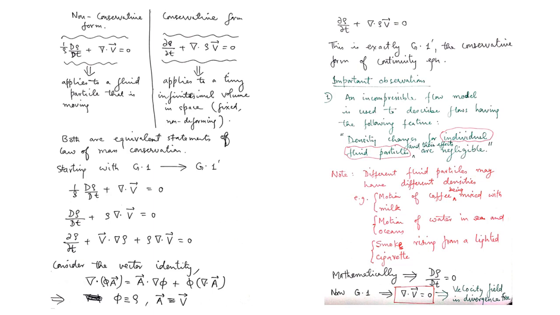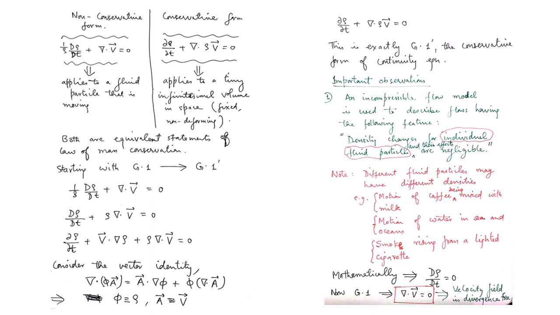So the first two terms are due to the material derivative, and of course the rho divergence v is retained from the previous steps. And finally I consider the vector identity, which says that if I have a product of a vector and a scalar phi, and I take the divergence, then I can write it as two terms. Okay, a dot grad phi plus phi divergence of a.